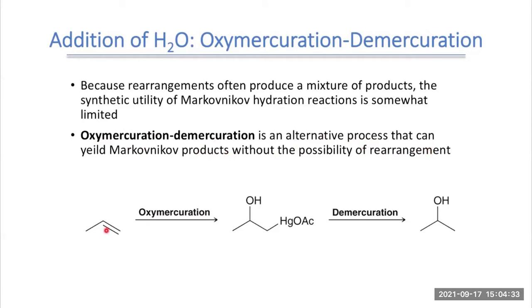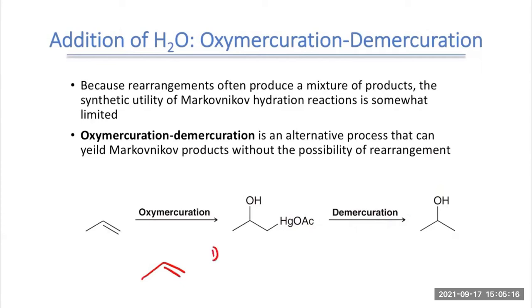And so what you do is it happens in a couple steps. You start with your alkene, you do your oxymercuration where you add your hydroxy group and you also add a mercury group. Then you eliminate off the mercury group. You do a demercuration and you end up with just your alcohol product. So when we write out this reaction, it actually gets written out in two steps since we have two things occurring.